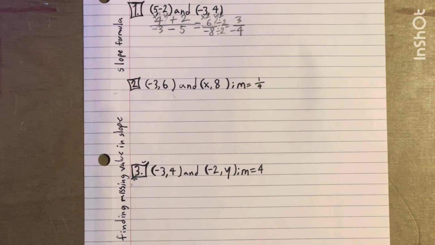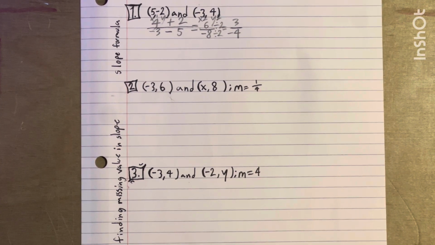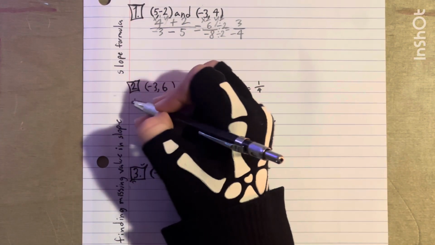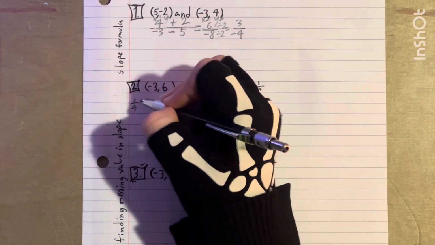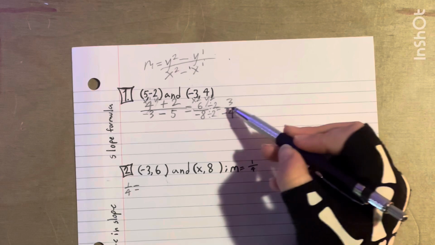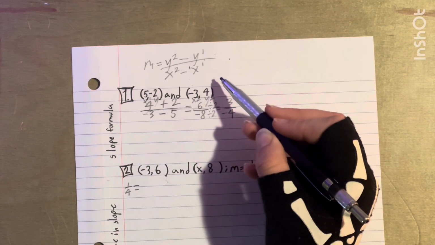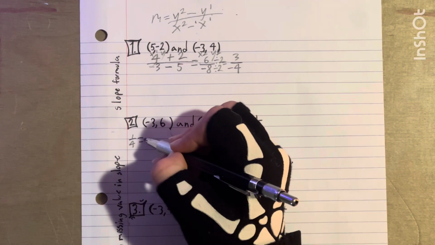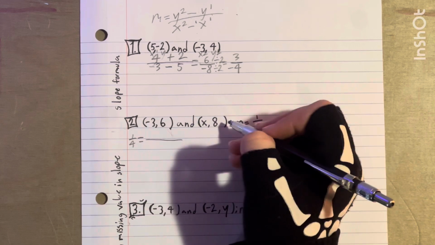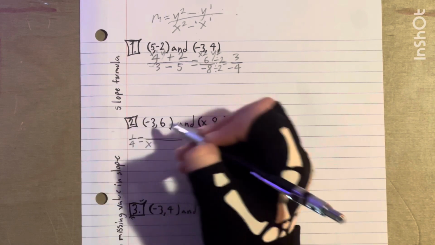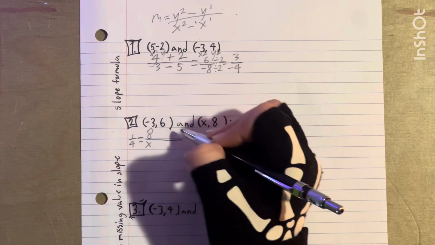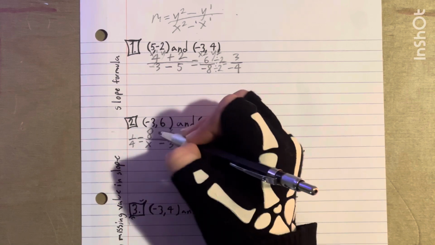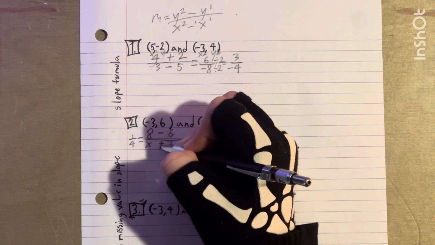And then here's this, which seems trickier, but it's really simple. So first, you get 1/4, move it over here, 1/4 equals, and then you write it exactly how you did with slope formula, which is y2 minus y1, x2 minus x1. Then x under 8, and then -3 under 6, negative, positive.